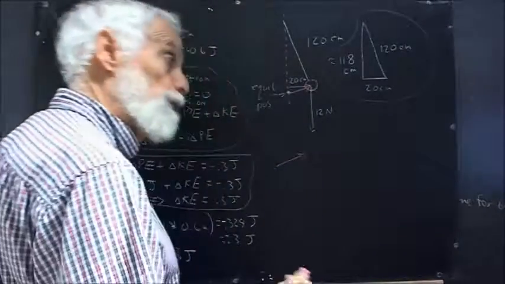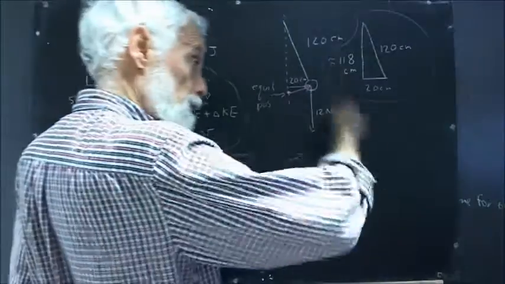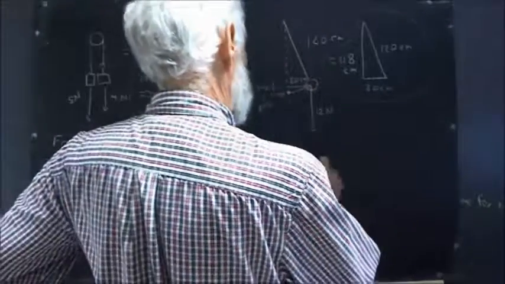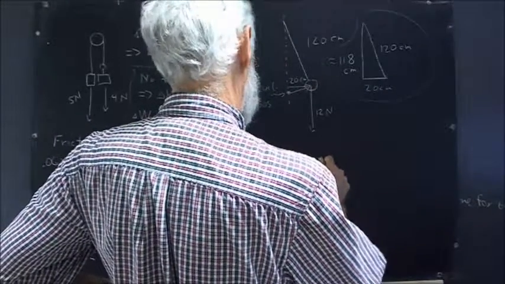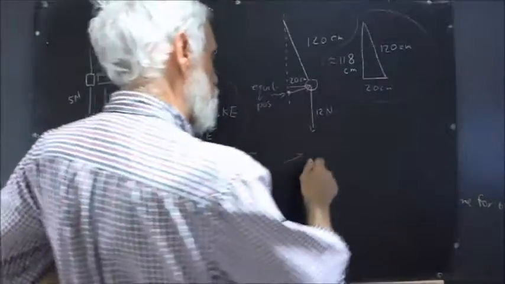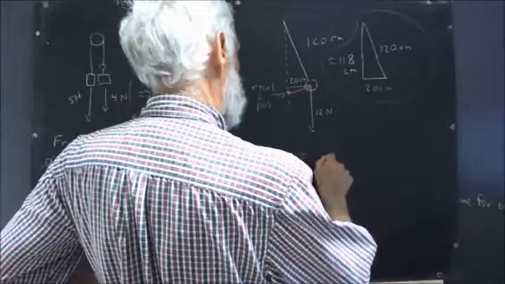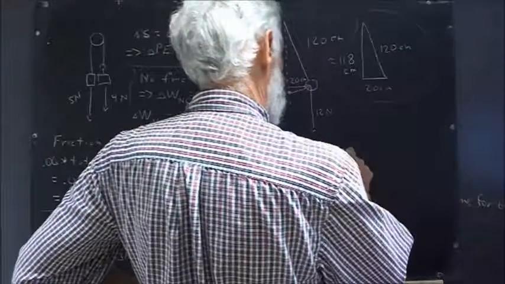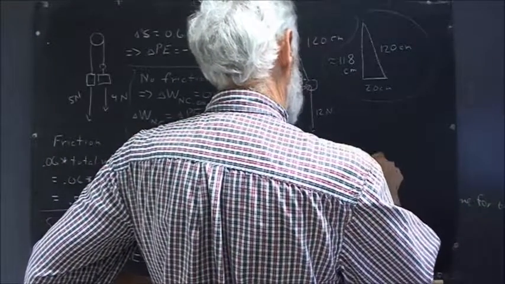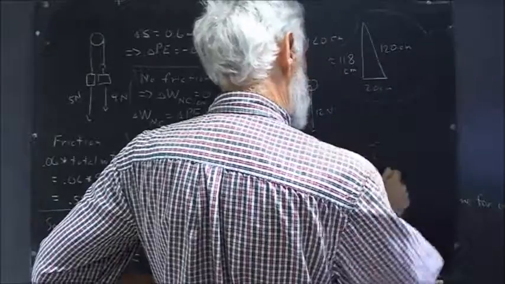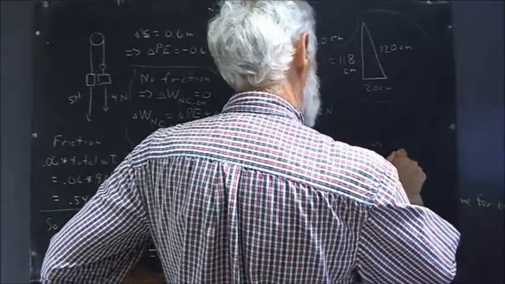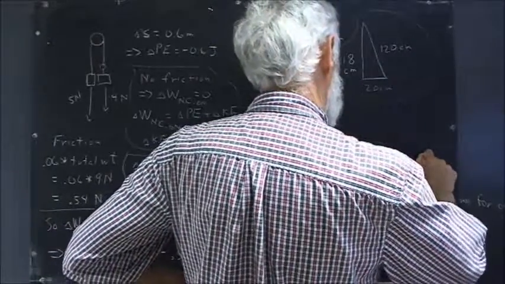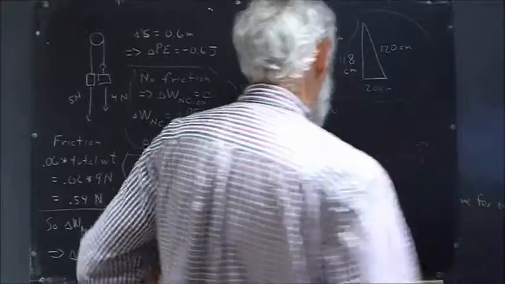If we use i and j coordinates with the horizontal and vertical coordinate system, this vector is approximately 20 centimeters times the i vector plus 2 centimeters times the j vector.